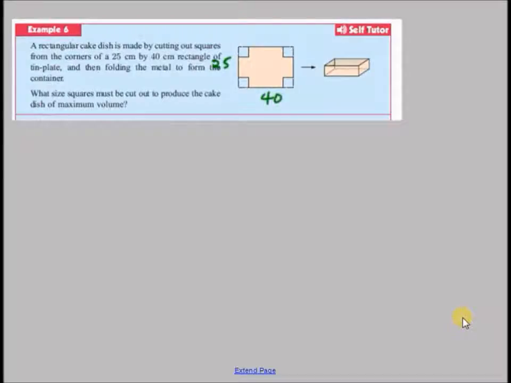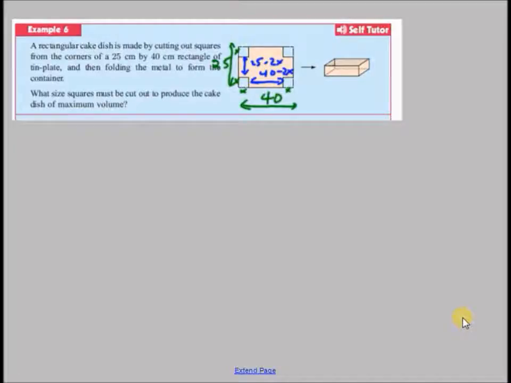These are all squares, which means each of those little corners has the same dimensions. We could call them x by x. So call that x, call that x. This whole thing is 40. This whole thing is 25, but we could call that x and this x, which means that this portion in here could be 25 subtract 2x, and this portion in here could be 40 subtract 2x.